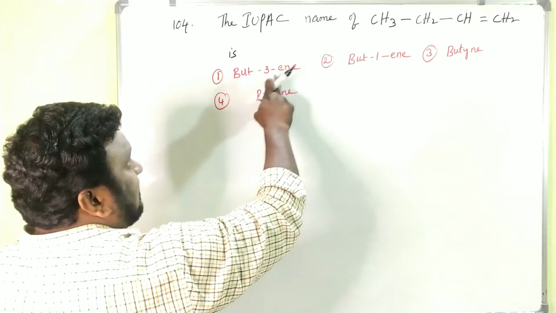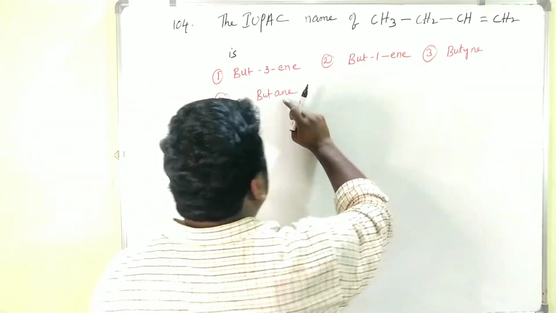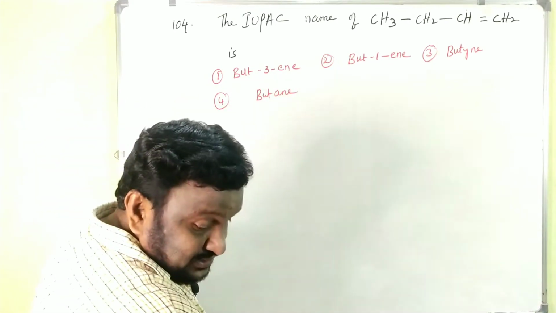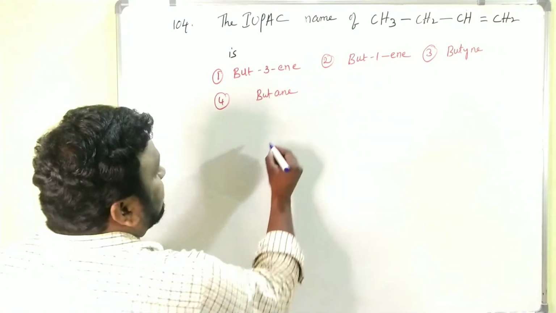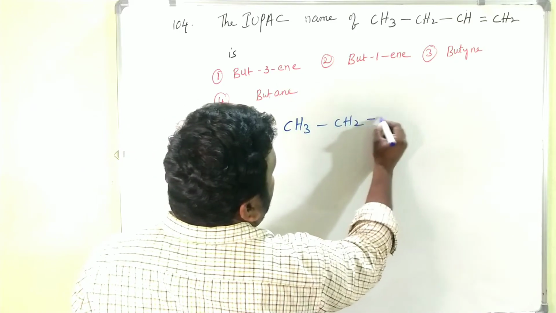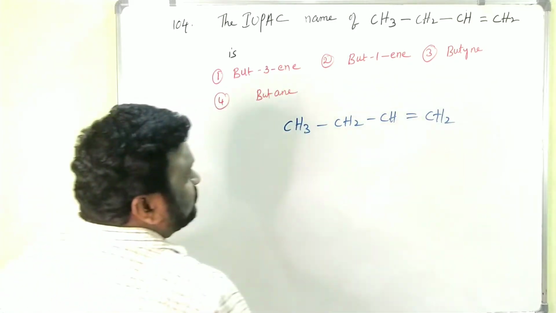The options are but-3-ene, but-1-ene, butane. So what was given? CH3, CH2 and CH double bond CH2.